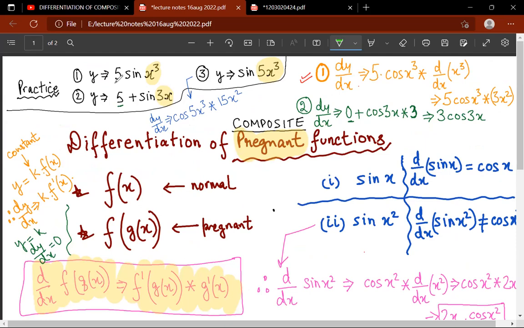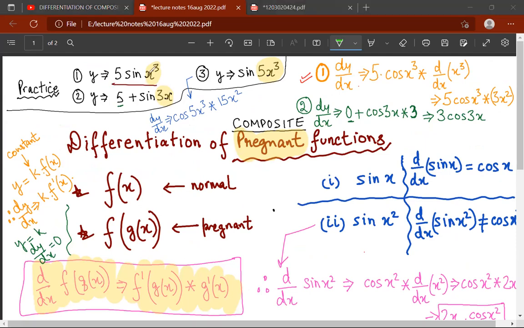So the differential of, if I am given a function like 5 sin x cube. The simple case, this is a constant, so I will write 5 here. This is the mama function. Differential of the mama function is cos x cube.